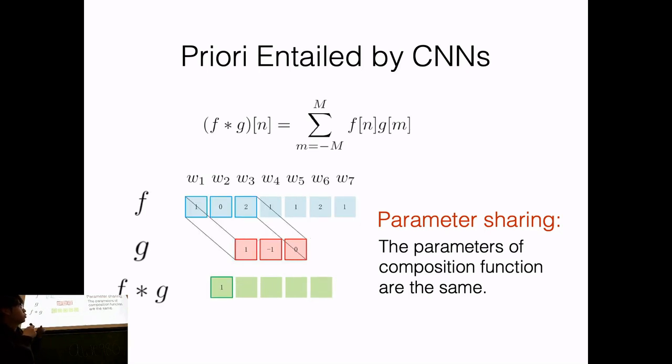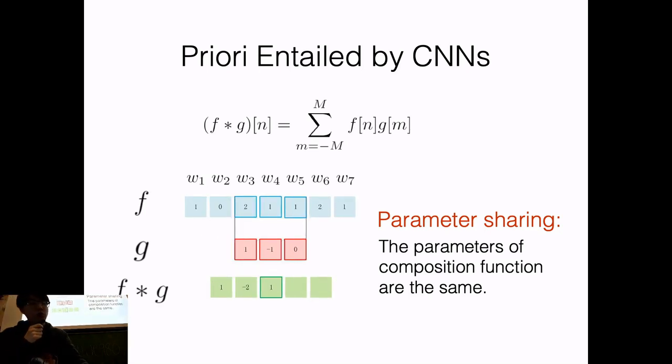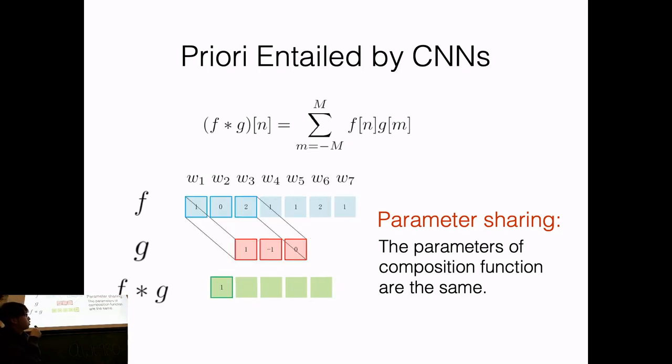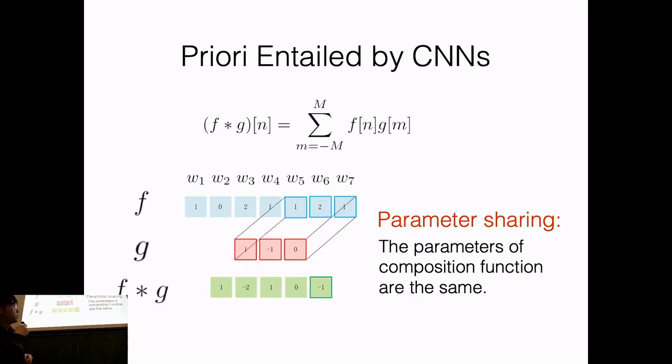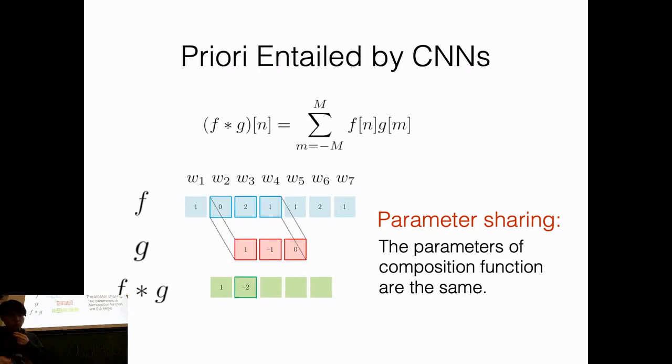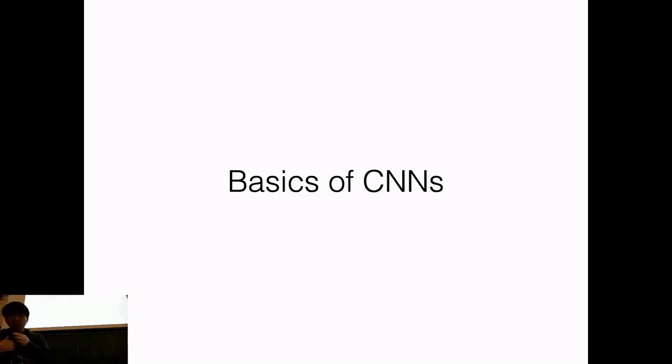Here I just want to highlight these two types of priori because in later slides we also use them to explain something. In what follows, I will introduce some basics of the convolutional neural networks.